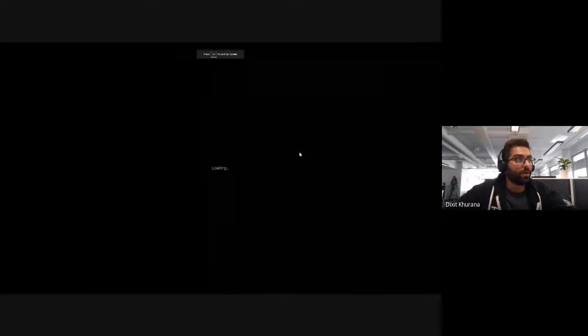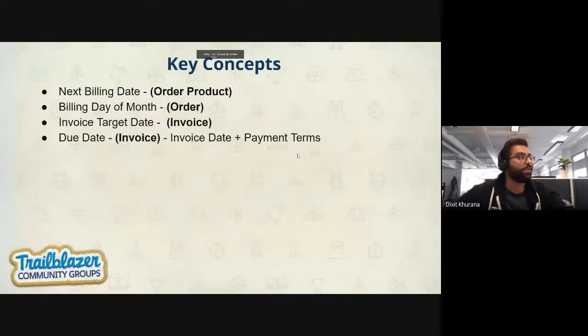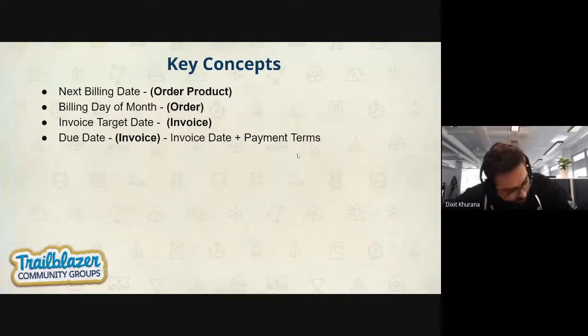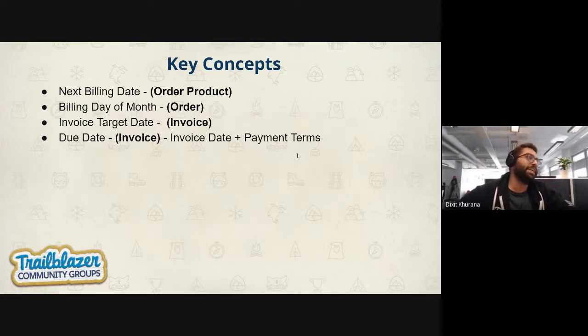If I go back, next we have key concepts. You need to understand the following date fields. Next billing date is on the order product. Next billing date controls when the next invoice should be generated in the system.